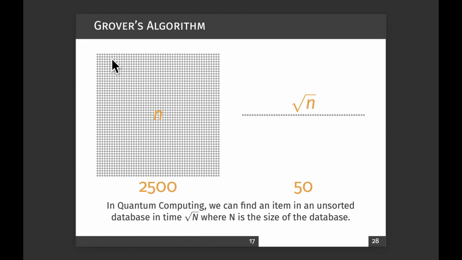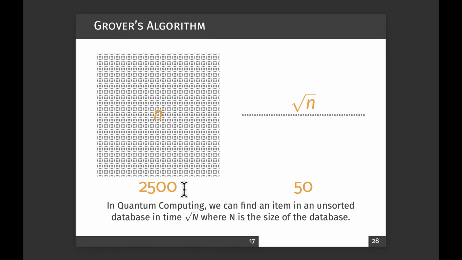So there's another way of looking at it. Suppose all of these dots here are your entries in your telephone directory, and you're trying to find the name of that number. There are 2,500 dots in this square area. If you try to find that specific name attached to that number, in the worst case you will have to examine each of these dots, 2,500 in all.